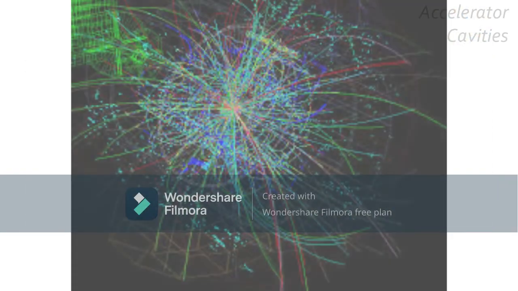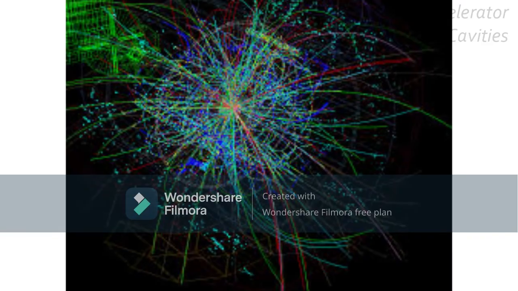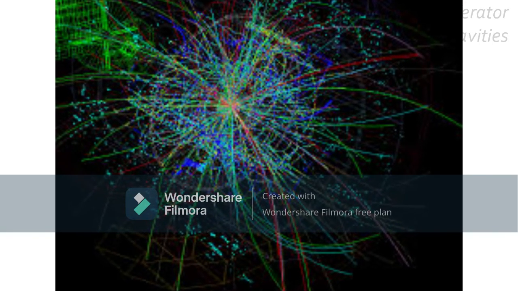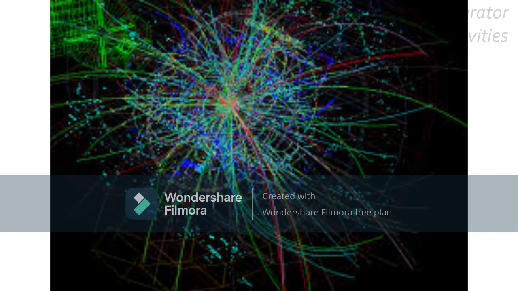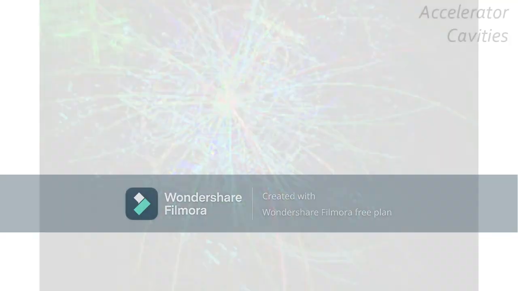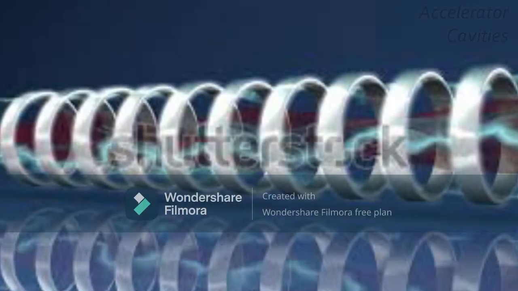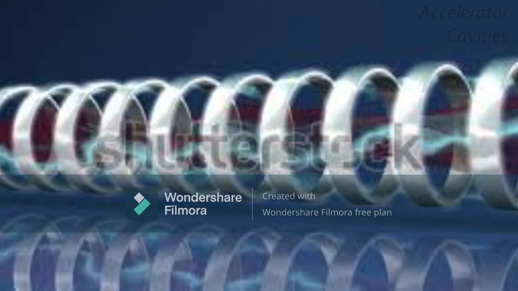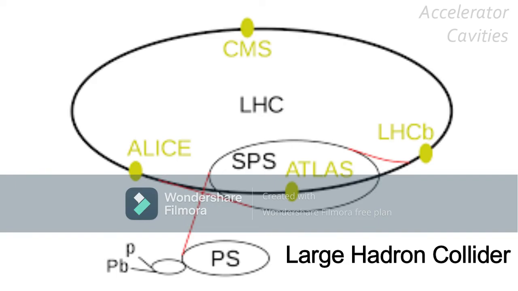Among other things, it allows one to study particle motion, collision phenomena, and allows studies to be carried out to find new particles. For further information, the largest accelerator currently operating is the LHC, the Large Hadron Collider, near Geneva, Switzerland.